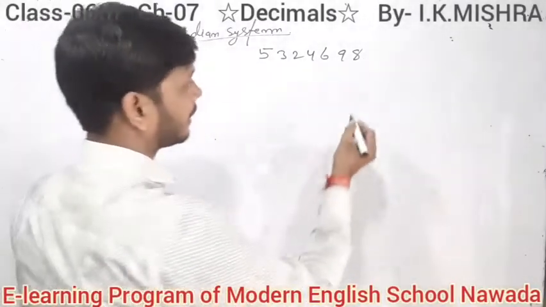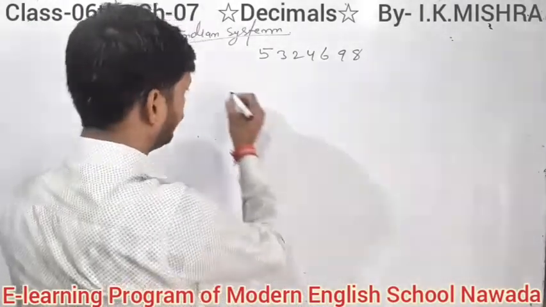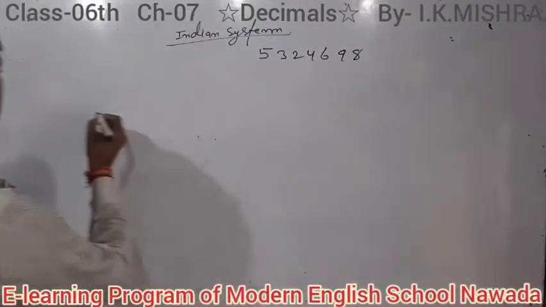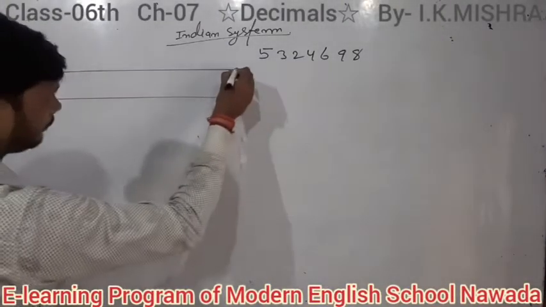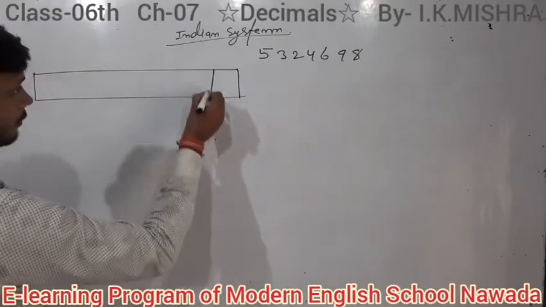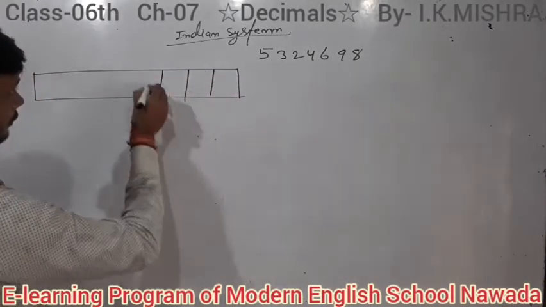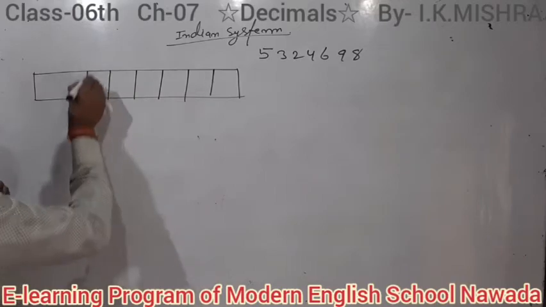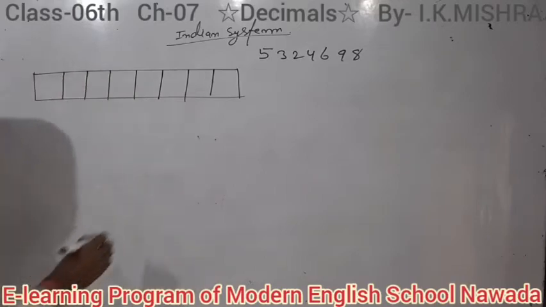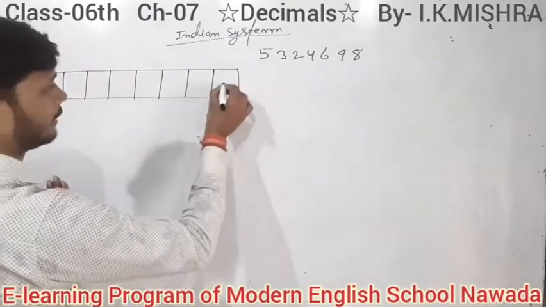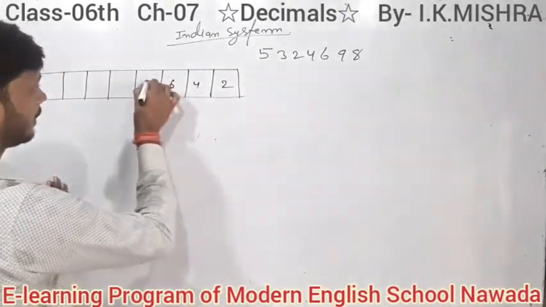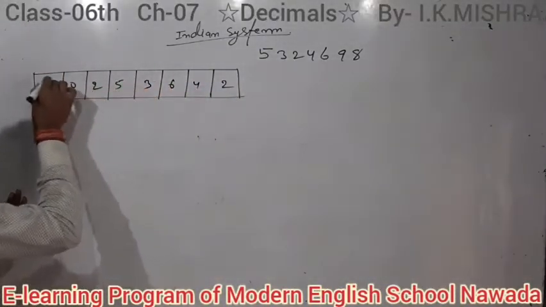Suppose here I write a number, and in each box any number is written: 2 4 6 3 5 2 0 1.